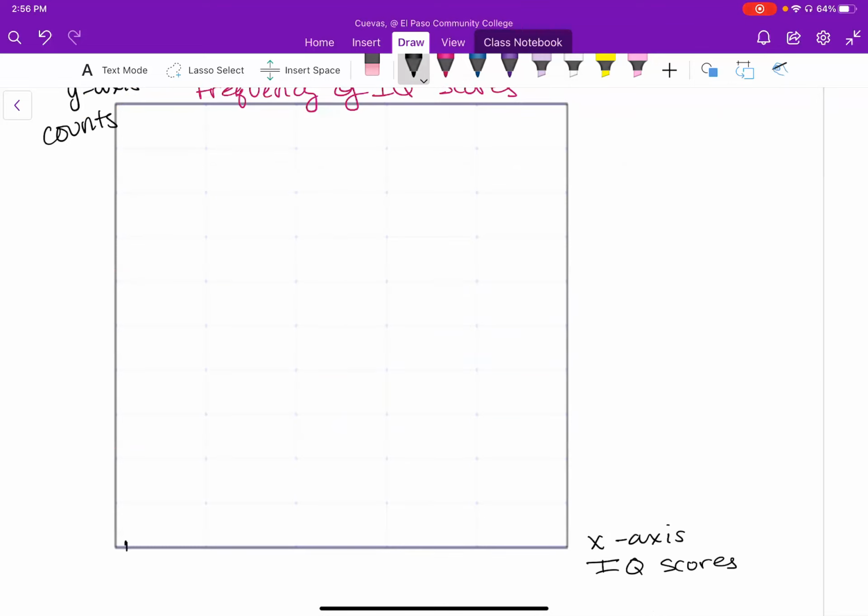So let's go ahead and use that first number that we saw. I'm going to start off a little bit away from the leftmost line so that we don't start at 0, and I'm going to label this with 75. I showed you where I was grabbing that 75 from. And then I'm going to go to the next line that I have here. I'm going to do 83, 91. If you look back at the table, you know where these are coming from. And the last one that you don't have on the table is 107.